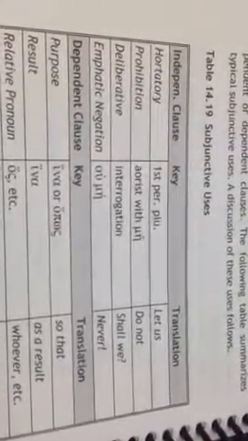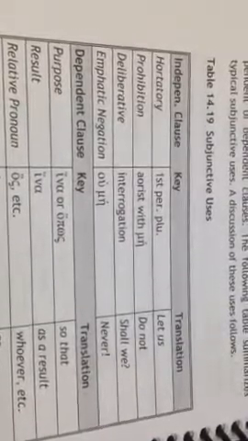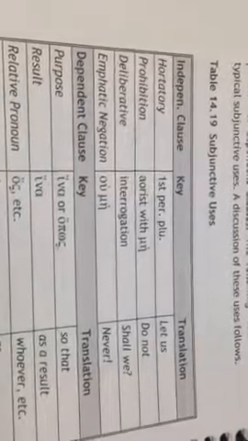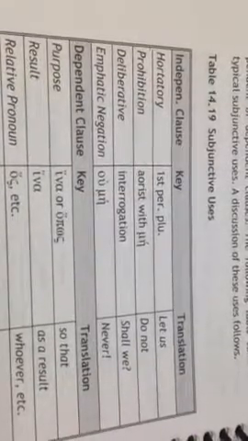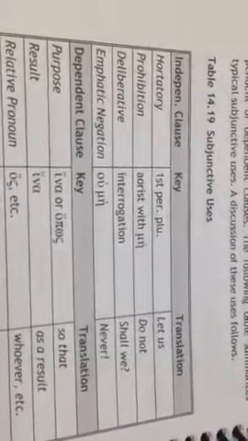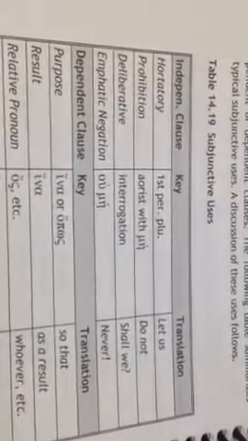So if you use it as an exhortation, let's do something, hortatory, you say let us, and that appears if you see a subjunctive verb in an independent clause appear in the first person plural, because it needs to be an us, right?